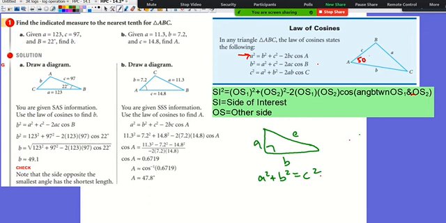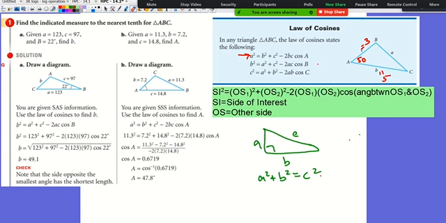Let's call one side 3, and let's call another side 5. Now the cool thing about law of cosines is this works for any kind of triangle. It does not have to be a right triangle.